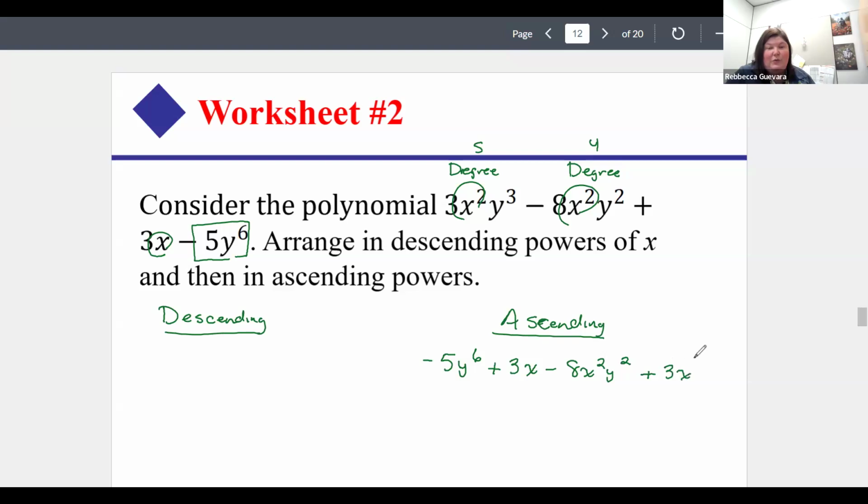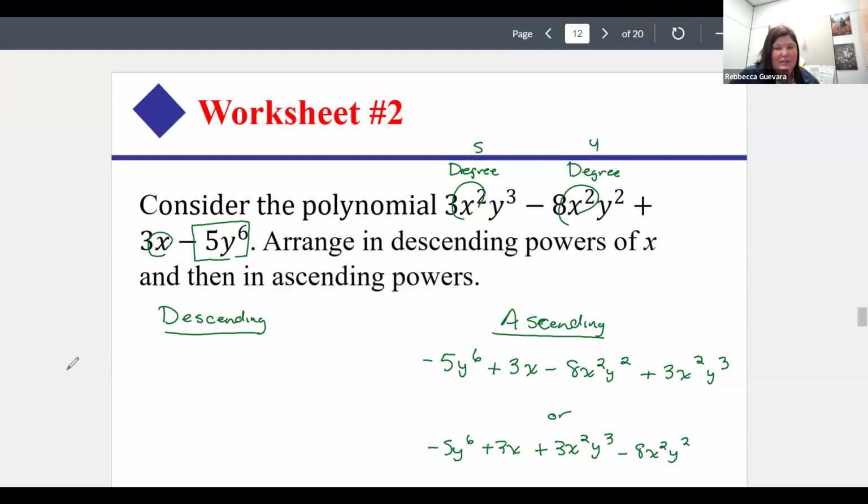Had you written these two in a different order, that would have been fine, because all I asked you was to write in ascending powers of x. Those would also be valid. Just suggesting that, if you're told how to order something by powers and you're getting stuck in a situation like that, you might want to start ordering by degree, because the powers on x are the same, but the degrees are not.